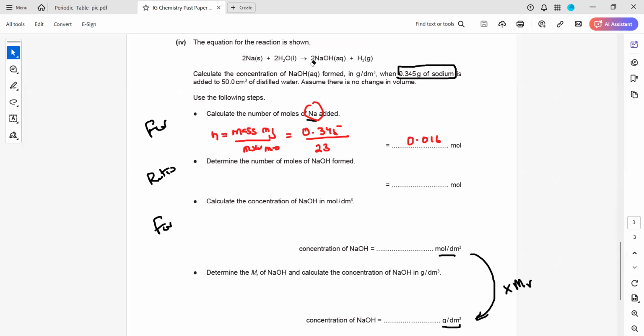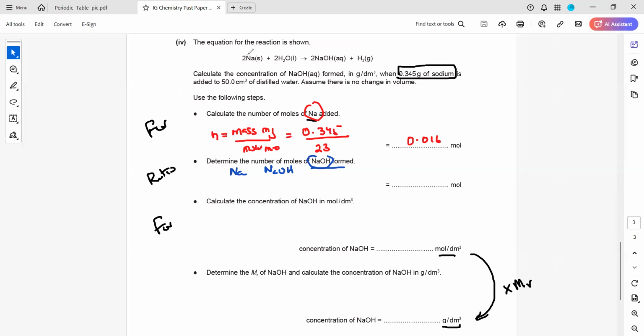Next, determine the number of moles of sodium hydroxide. How do we determine the moles of sodium hydroxide? We always take the ratio between the quantity we calculated in the previous part and the quantity we need now. We calculated sodium and we need sodium hydroxide, and for the ratio you always see the equation.